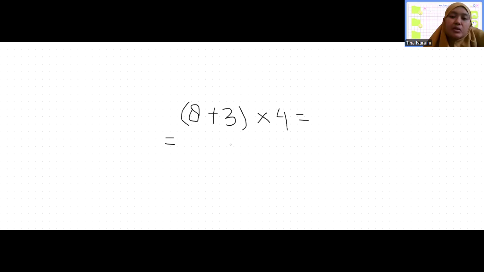And then you multiply, and then you return the 4. So you get the result 44. It's very simple if you know about this.